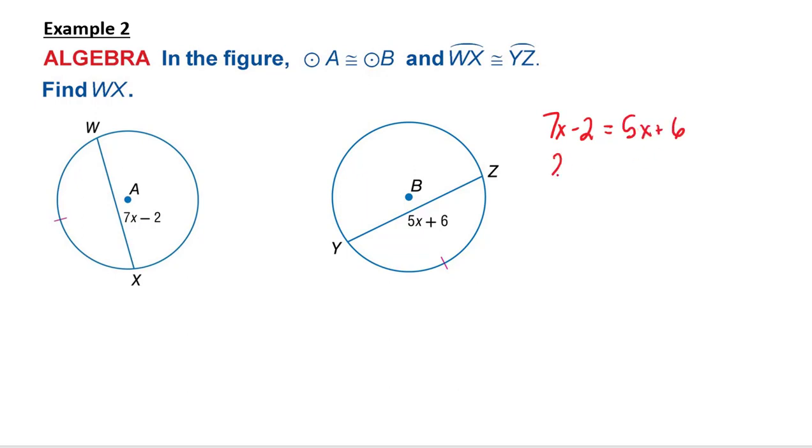I'm going to subtract the 5x over, and I'm going to add the 2 over. And so I get x to equal 4. I need to find the length of WX. WX is equal to 7 times 4 minus 2, and that is equal to 26.